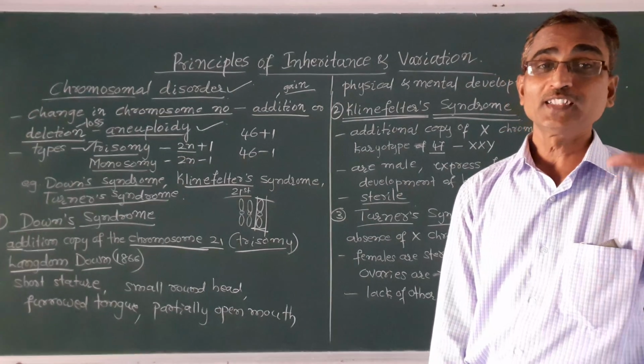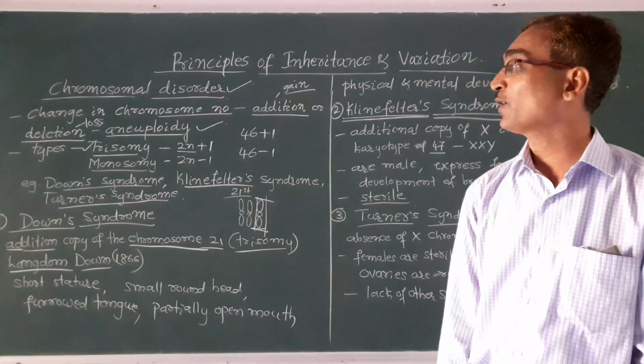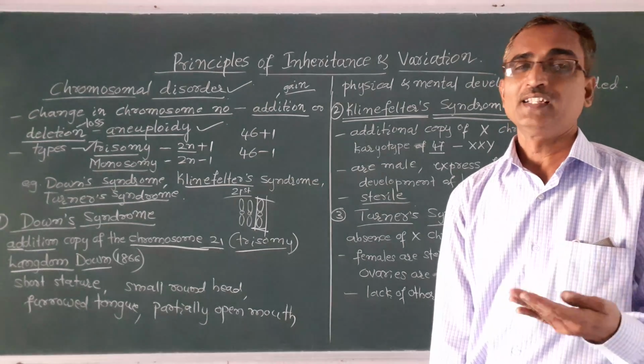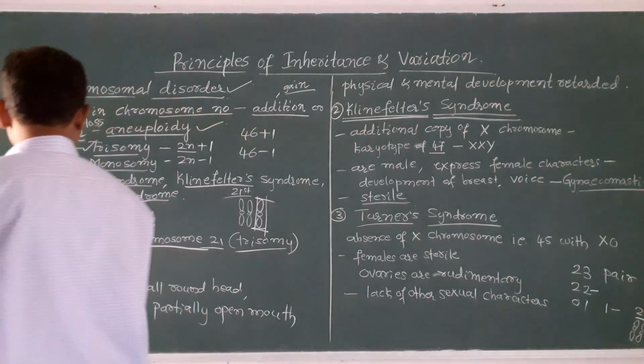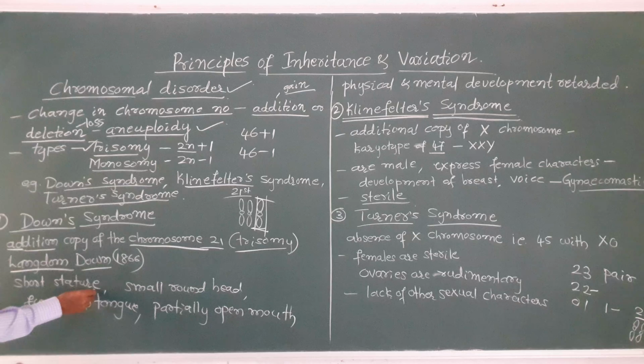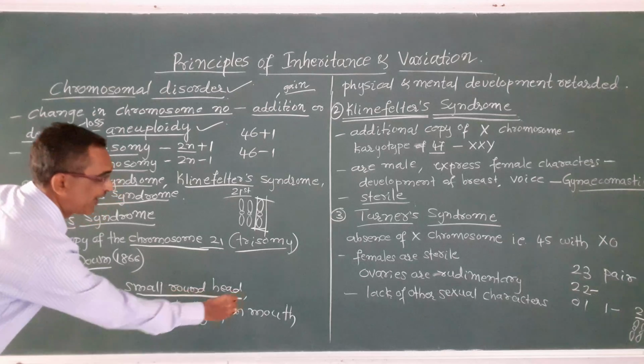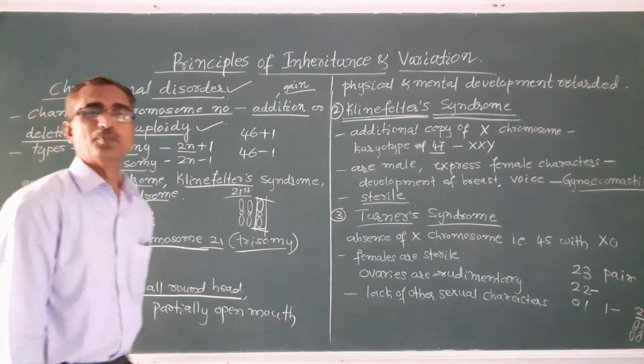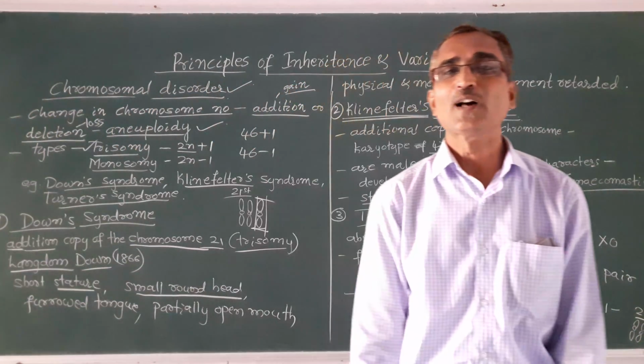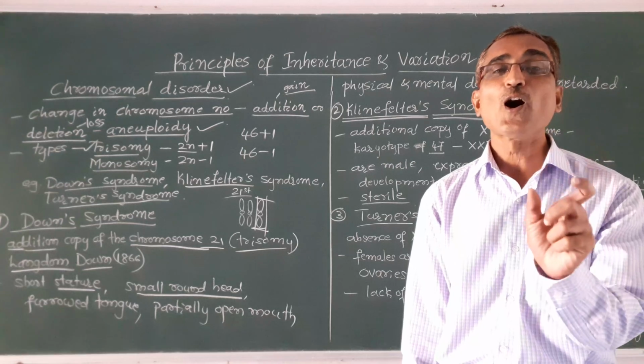What are the characteristics of Down syndrome? The characteristics are short stature. Stature means height, so short height, and a small round head. The individual affected with Down syndrome will have a short stature.